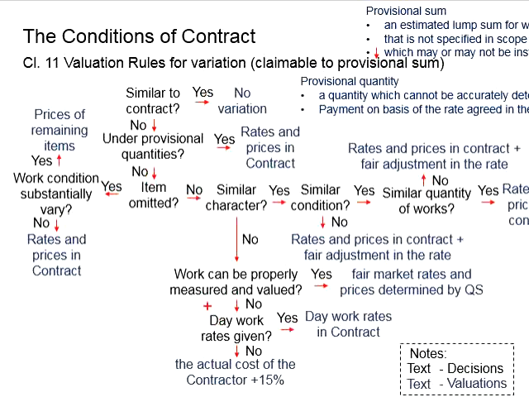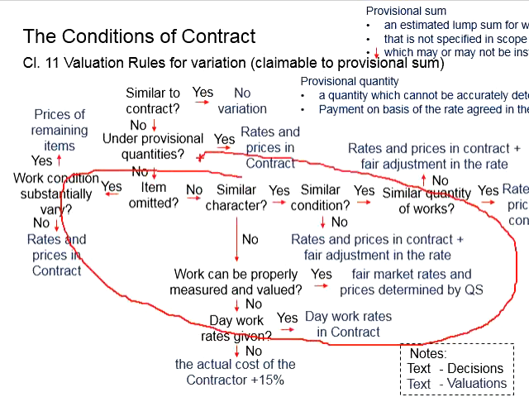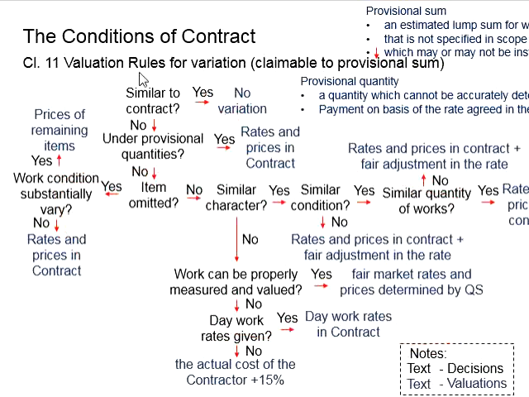But if this cannot be quantified by days of work, a simple rule of thumb will apply, where the actual cost of the contractor will have 15% profit added to it. This is about the variations claimable under the provisional sum.